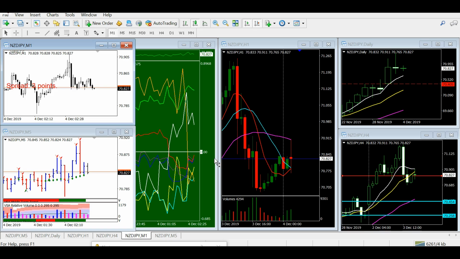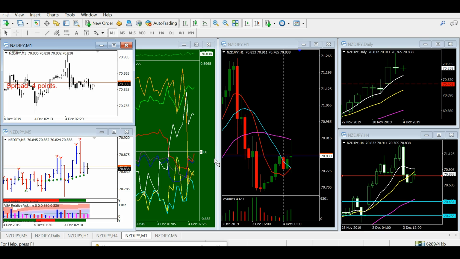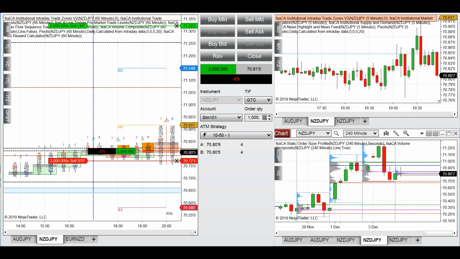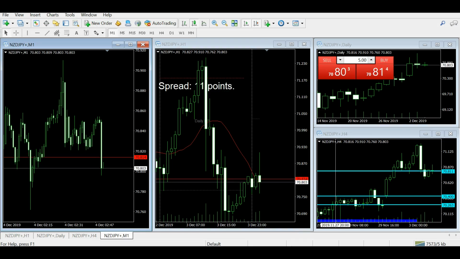And looking at my currency strength indicator, you can see how the brown line, that's the Australian dollar, dropped seriously, and you can see also the New Zealand dollar, which is the white line, is pointing down, and the yellow line on the currency strength indicator, that's the Japanese yen, and you can see what's going on.